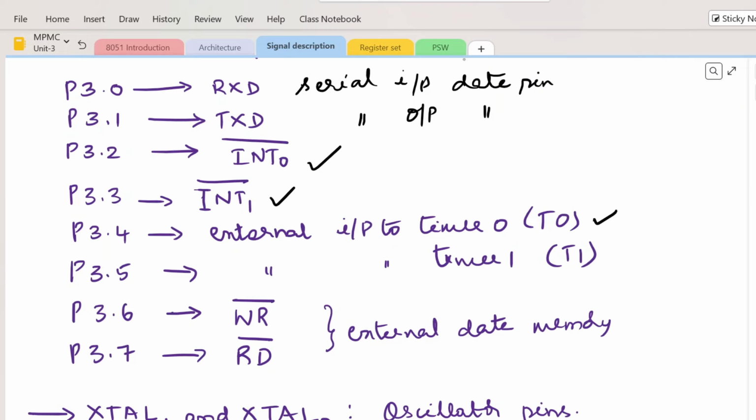P3.5 is used as external input to timer 1, T1. P3.6 acts as the write control signal for external data memory, WR bar. And P3.7 acts as the read control signal for external data memory, RD bar. These are the alternate functions of port 3.